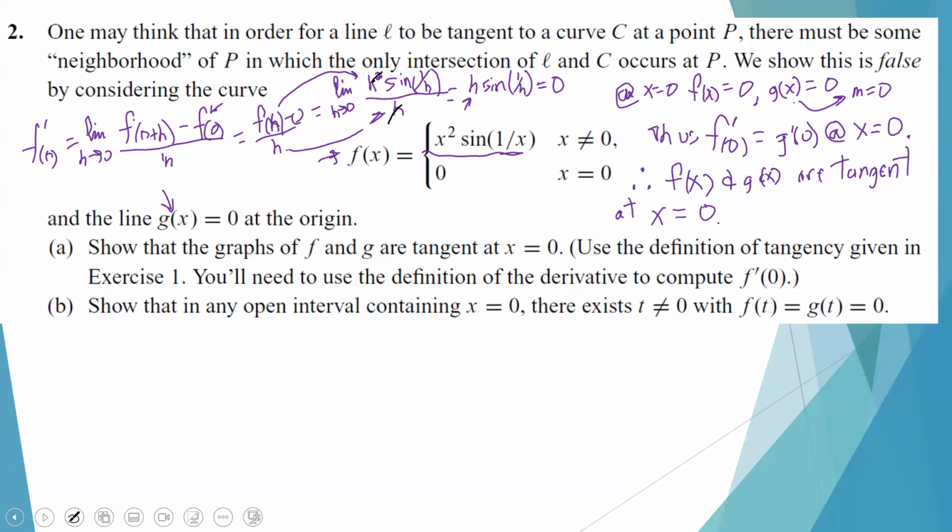Now, this next piece says, show that in any open interval containing x equals 0, there exists a t that is not 0, where f of t and g of t are equal. So we want to consider an open interval. It doesn't really matter what open interval.